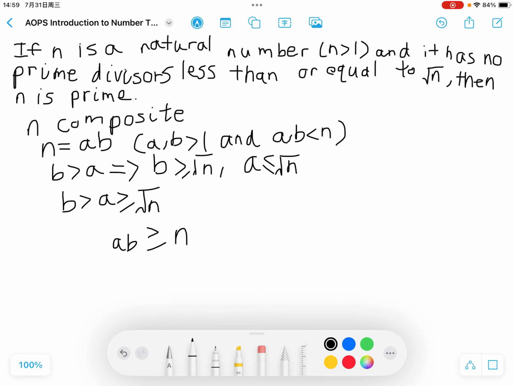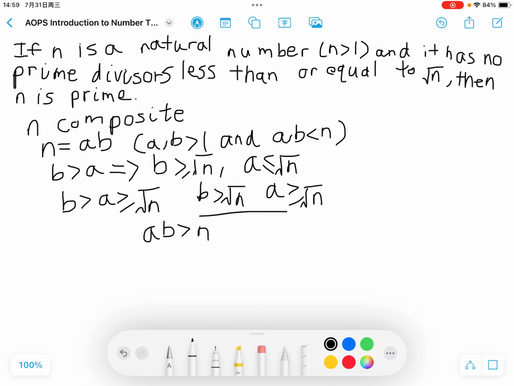ab is larger than n because I know that b is larger than root n and a is larger or equal to root n. So basically the smallest value of these two is larger than n.